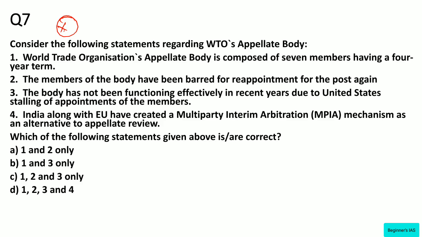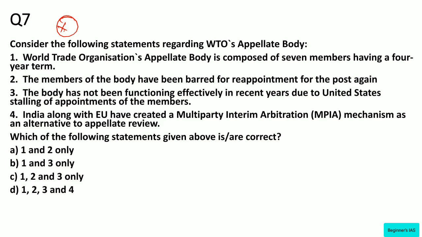Statement 3: the body has not been functioning effectively in recent years due to the United States stalling the appointment of members. Statement 4: India along with the European Union has created a multi-party interim arbitration mechanism as an alternative to appellate review. Here we have to identify the correct statements.